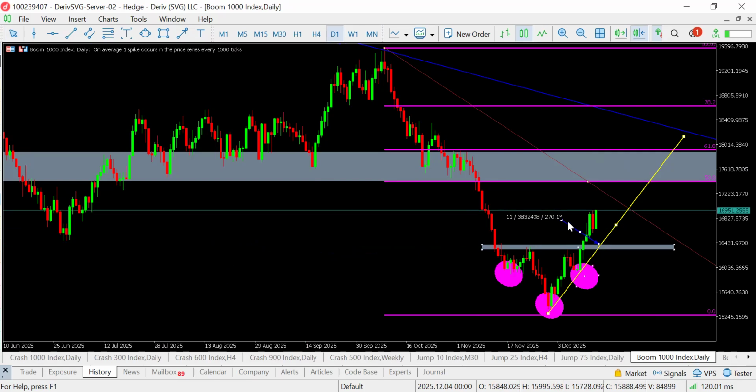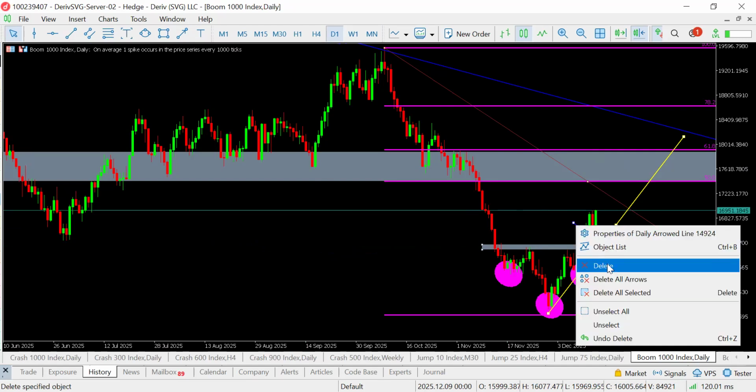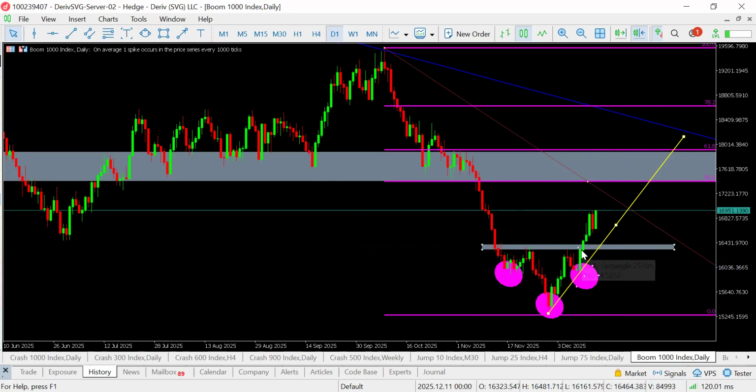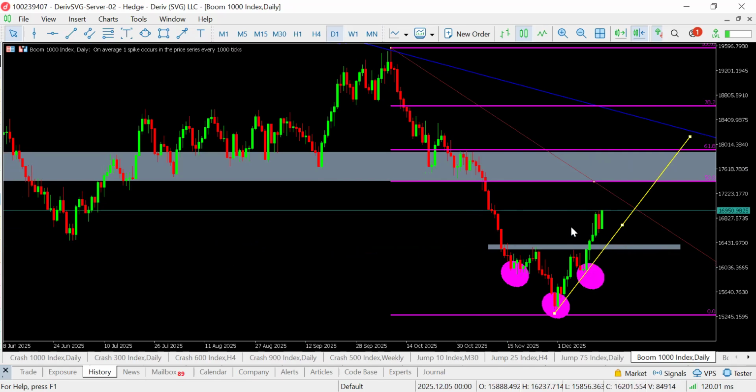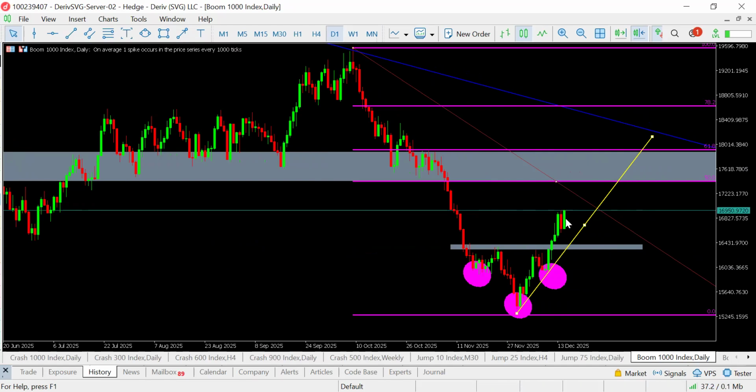So once there's a retest of the neckline, then we'll be more confident that price is going to definitely continue upwards. From what we can see now on the daily time frame, the neckline is yet to be retested. So even though buyers are still pushing price upwards, there's every tendency that at some point sellers are going to push the price downwards to make a third touch of this neckline.